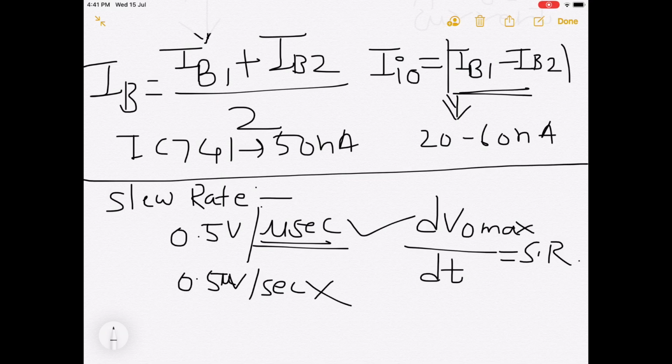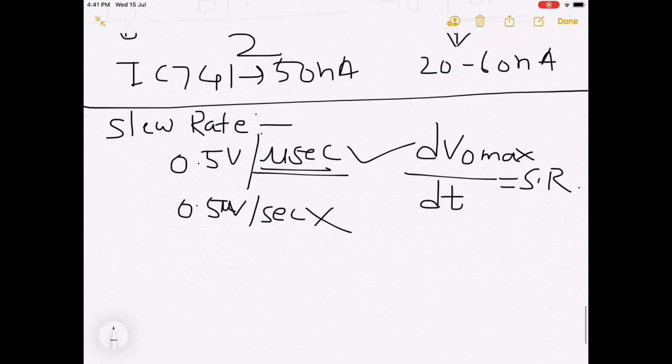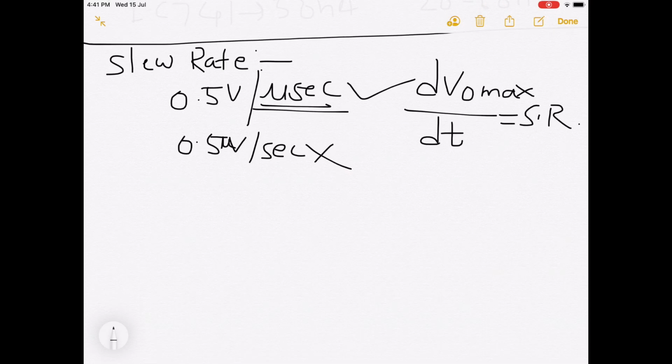Its value should be high for high frequency applications, that is, the output should change as soon as the input changes. So, it is the maximum frequency for which the amplifier produces undistorted output. From this we can calculate the maximum frequency at which you will get undistorted output.